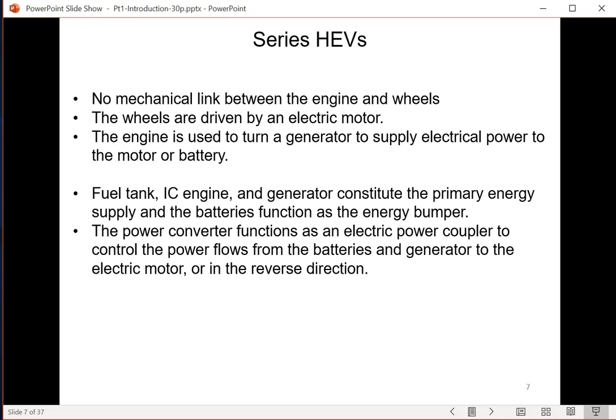So if your motor asks for more than what the engine produces, then that's where the battery comes in. And of course, you need a lot of power electronics there that converts from AC to DC, or one level of DC to another level of DC, or DC to AC. So there's a lot of power electronics involved.